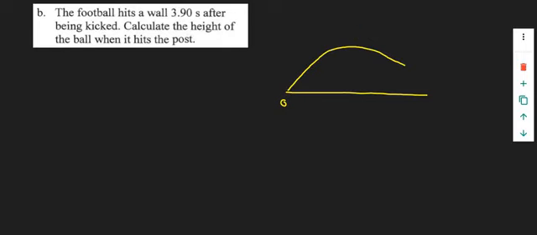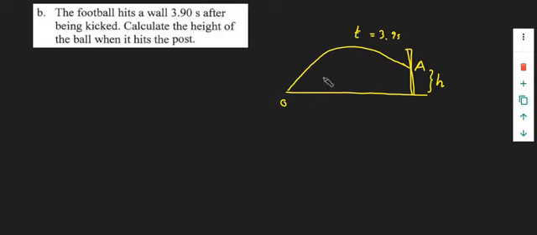After t equals 3.9 seconds, the football is going to hit a post. Let's say that point is A, and we are trying to find this particular height, which we call h.